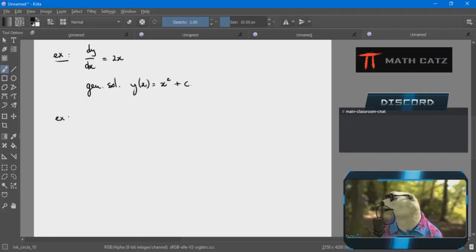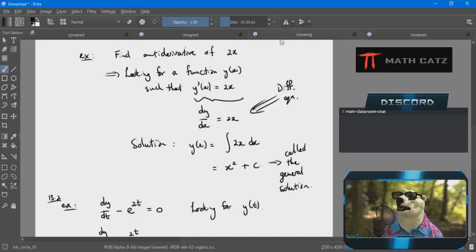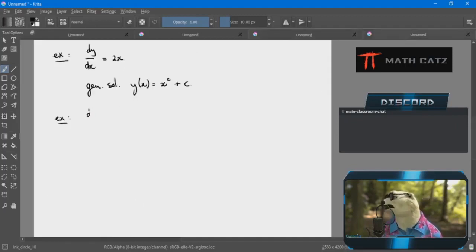Our other example was over here at the bottom, dy dt minus e to the 2t equals 0.